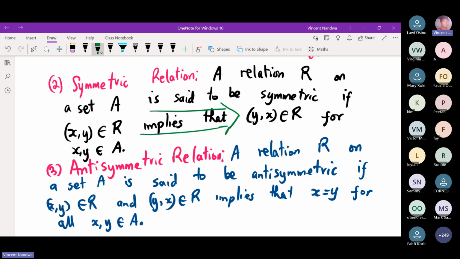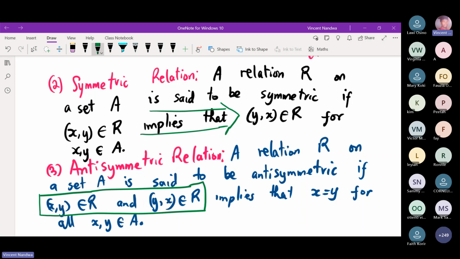And then antisymmetric: if a relation R is defined on a set A, then we say R is antisymmetric if you have the pair X, Y in R, and at the same time you have the pair Y, X in R, that is only possible whenever X is equal to Y. Here we are saying that if you interchange the positions of X and Y, it only turns out that X and Y must be the same number.